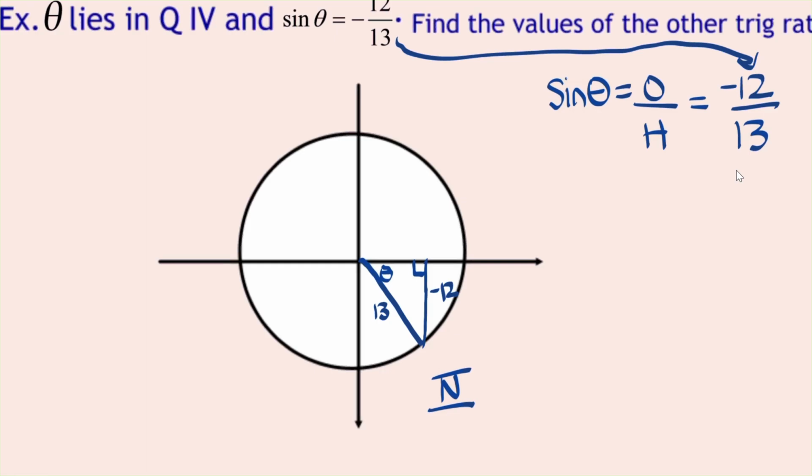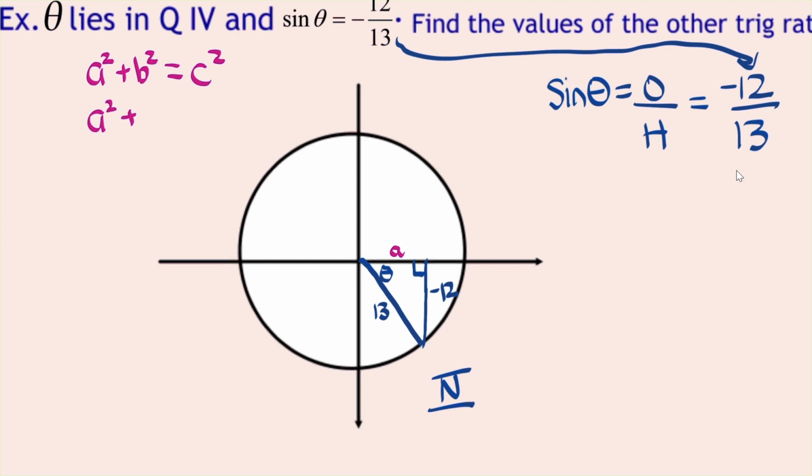So all I have to do is find this side that is missing. To find the missing side, I can label that A, for A squared plus B squared equals C squared. And I can use the Pythagorean theorem to solve for A. So A I'm trying to find.